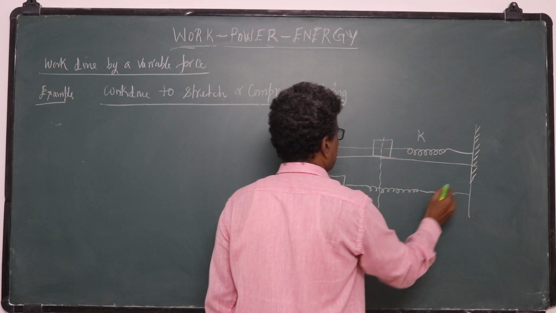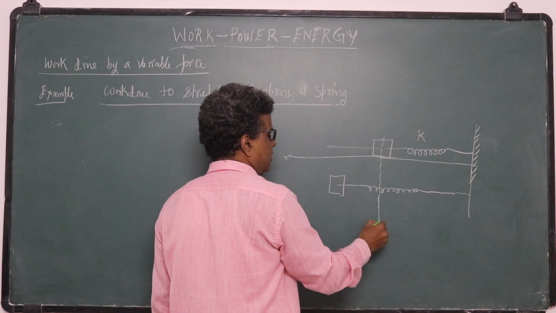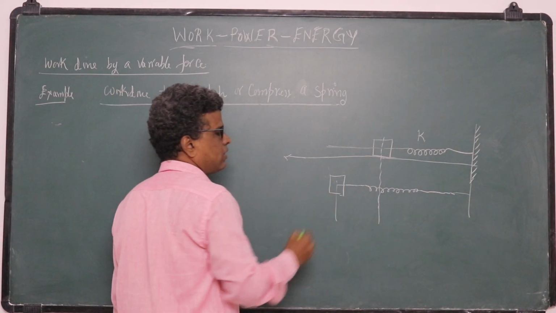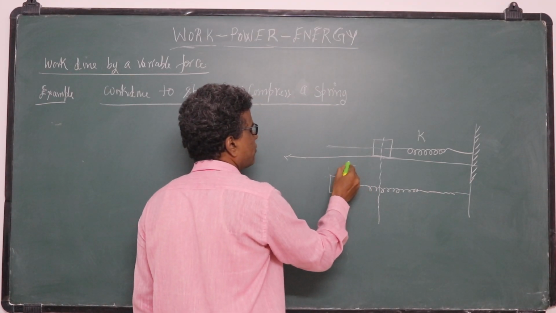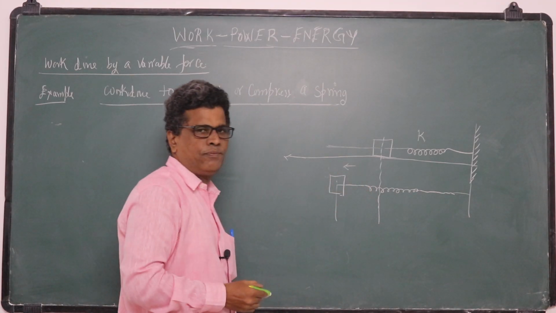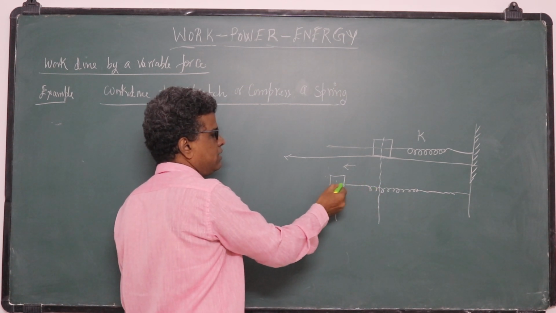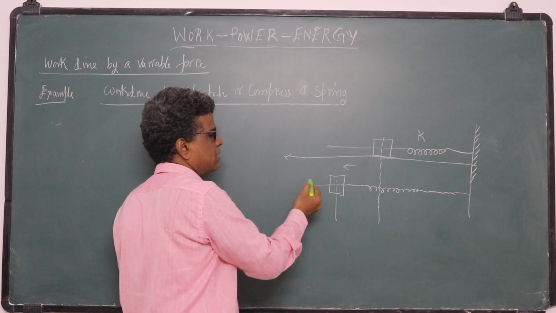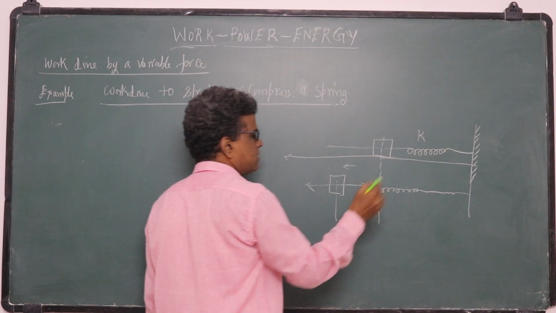So this is the elongated spring. This is the mean position and it is elongated. As you elongate the spring more and more without any acceleration, that means we are pulling this spring slowly in this direction. As we are pulling, the spring force also increases in this direction.